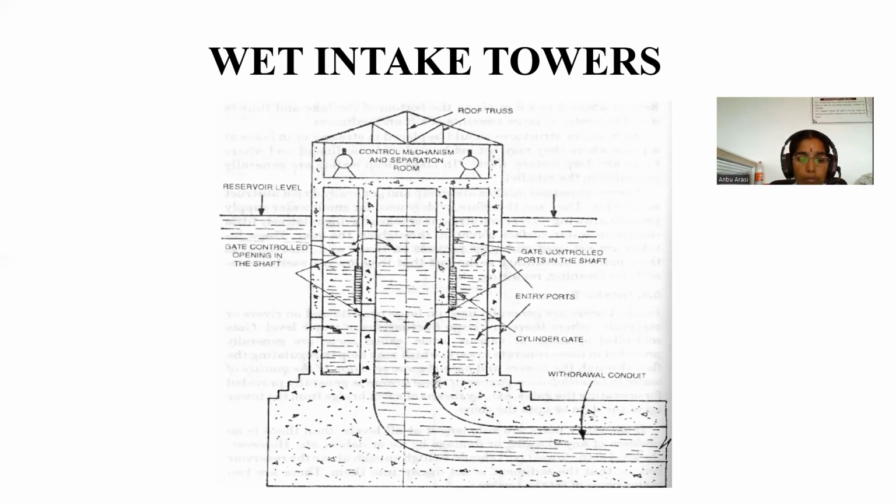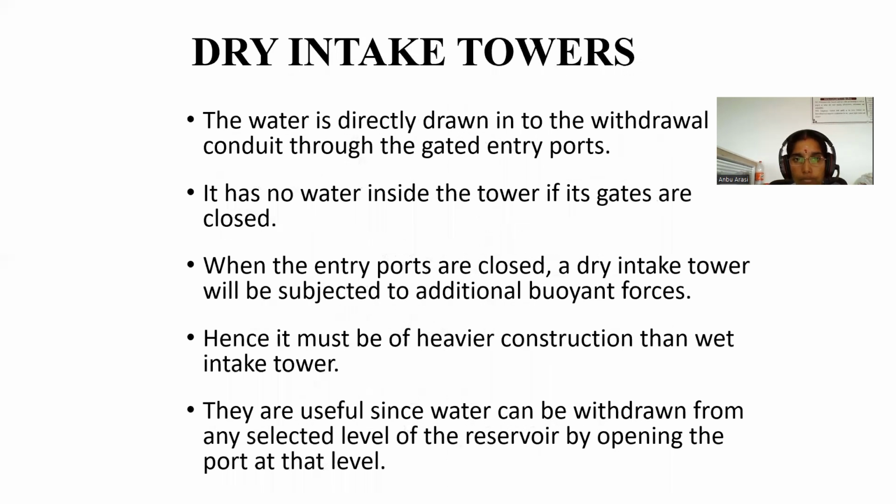Gates are usually placed on the shaft so as to control the flow of water. Here, the gates. These two gates control the water entering into the conduit. The water coming out of the withdrawal conduit may be taken to pump house or lift if the city's water treatment plant is located at high elevation, or may be taken directly to the treatment plant if it is situated at a lower elevation.